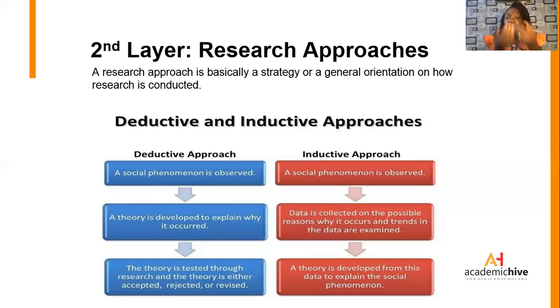And then you come up with a theoretical framework and now test the theory to see whether it is true or not. So your theory is tested to see whether you want to accept that existing theory, or whether you want to reject it, or whether you want to revise it. That is the deductive approach.